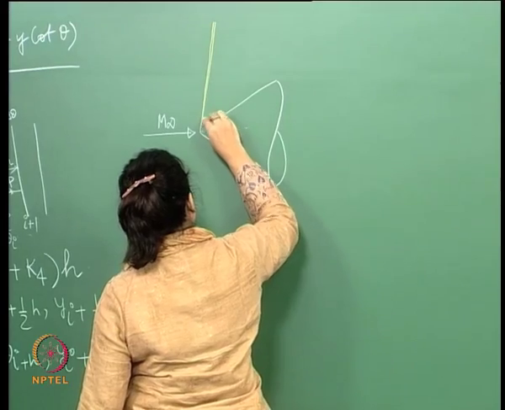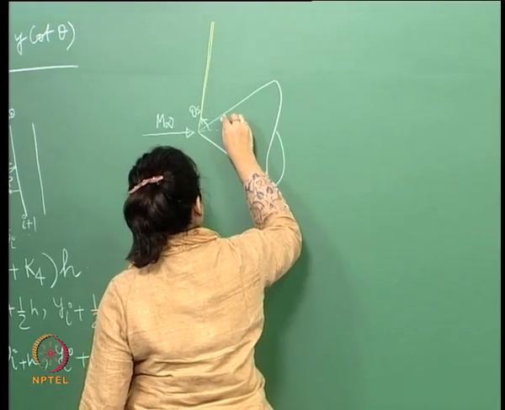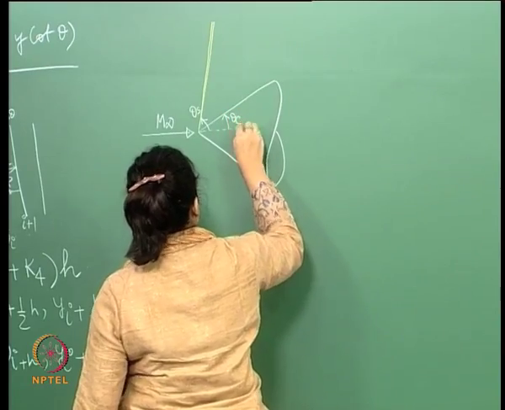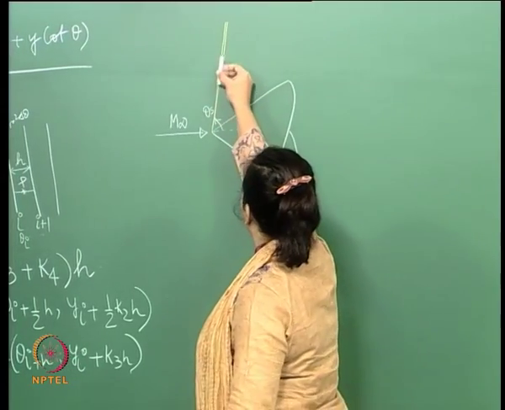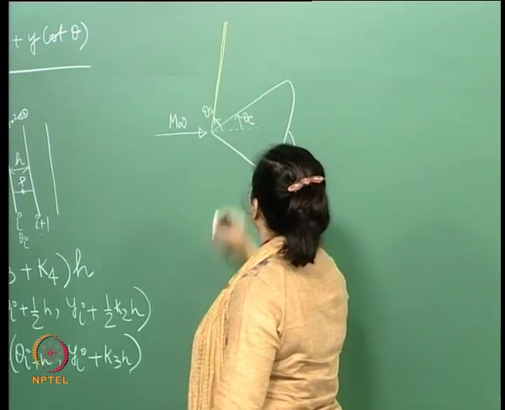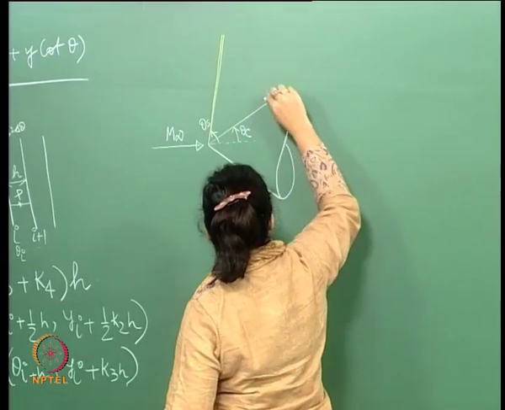This is theta s and this is our surface, which is theta c. So, what we are doing here is essentially moving from theta s to theta c. We are moving from here to here.